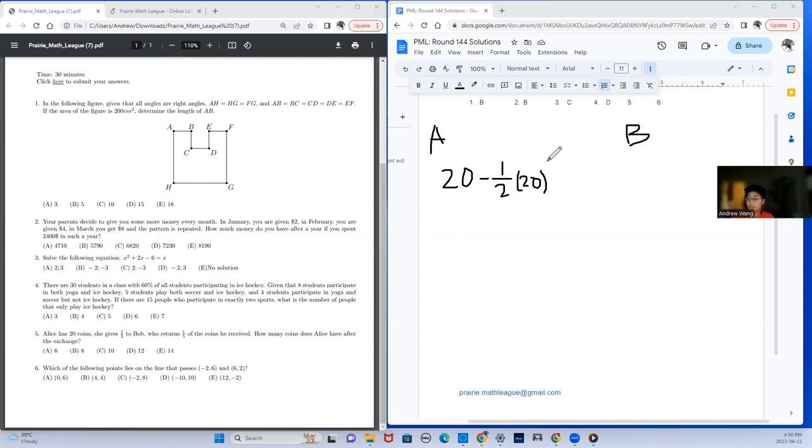And then she is returned half of the coins Bob receives, which is the same thing as a fifth of the coins she's giving. So it's plus a fifth of the 1/2 of 20.